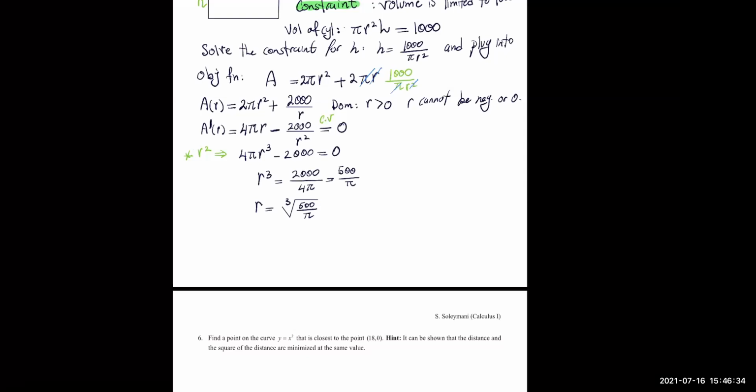Okay. And that's it pretty much. That's my r. Now, if you want to get this numerically, if you want to do this numerically on the calculator, you don't have to, because you can just leave the answer in exact form.